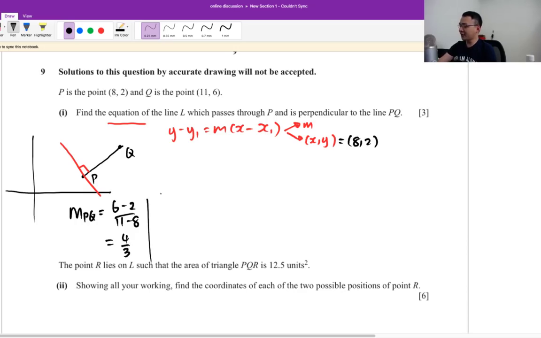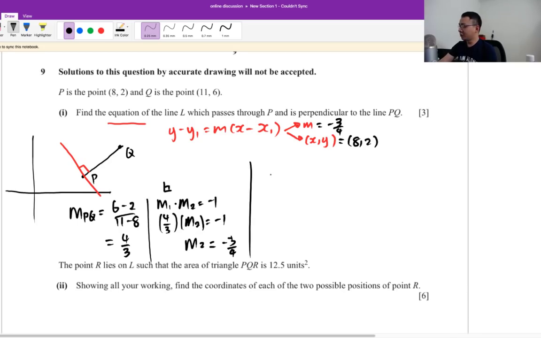And then because they are 90 degrees, we know that M1 times M2 equals negative 1. This is the formula for perpendicular. I have one of the gradients, 4 over 3, then I can get my M2 easily. M2 will be the gradient for line L, so it will be negative 3 over 4. Now I found my gradient, negative 3 over 4, then I can form my equation.